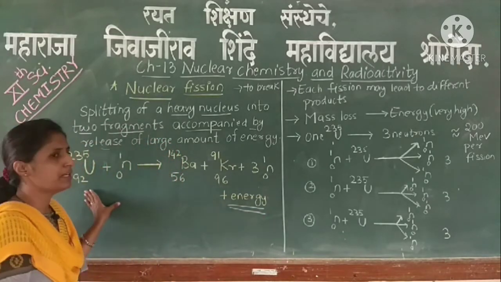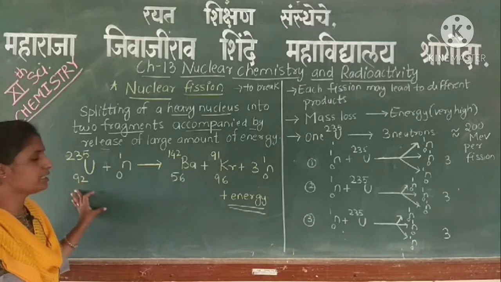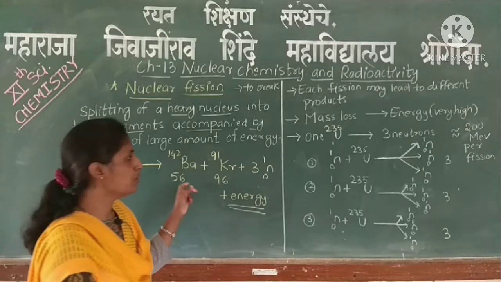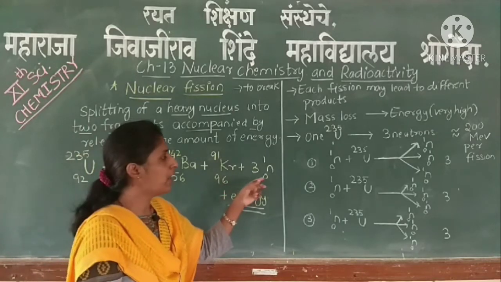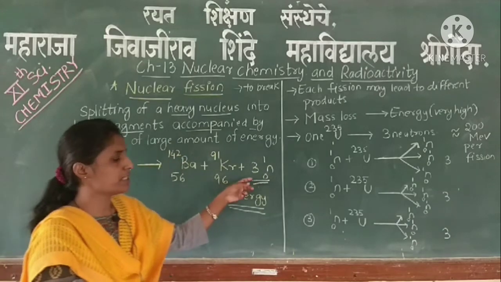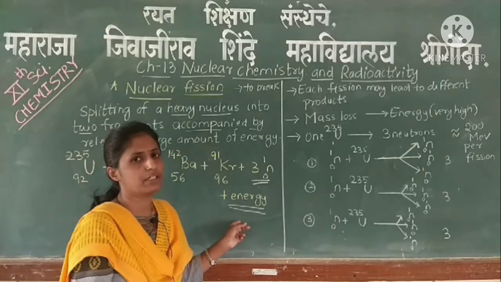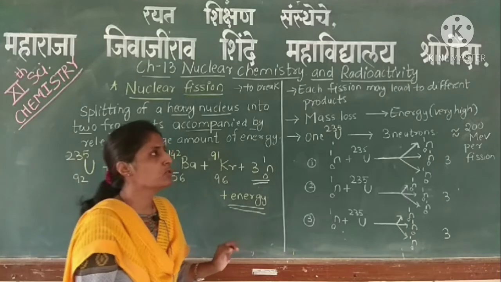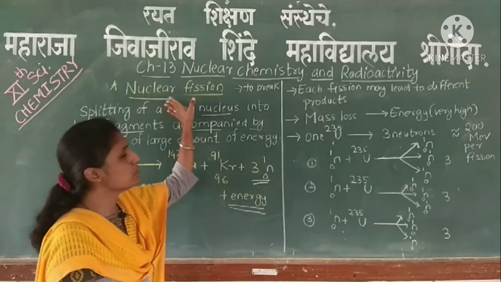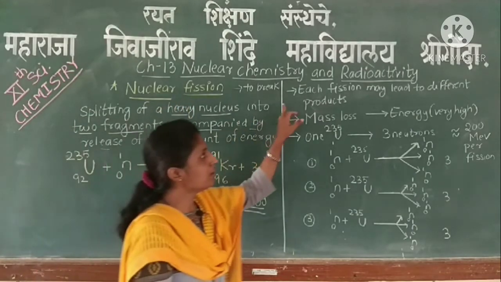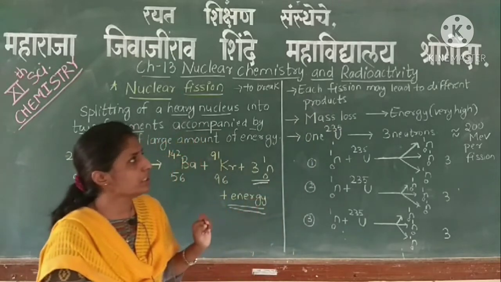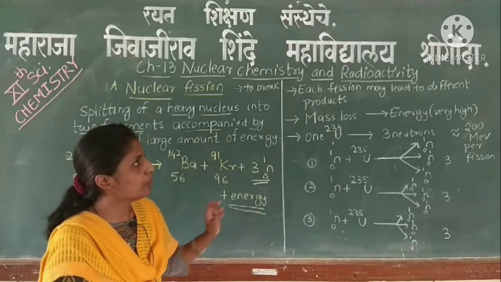So with this example, we have seen that uranium, when bombarded with a neutron particle, breaks up into barium and krypton, along with 3 neutrons, and a large amount of energy is also released. So what you can say about this nuclear fission? That each fission may lead to different products.